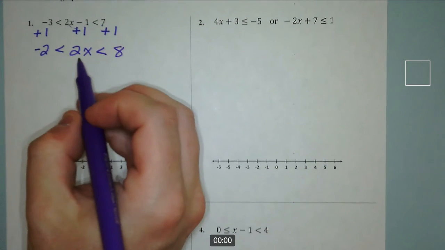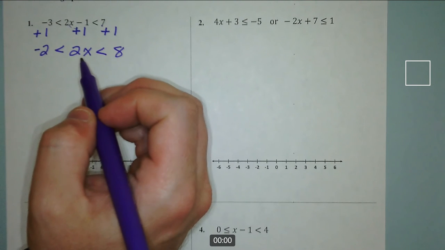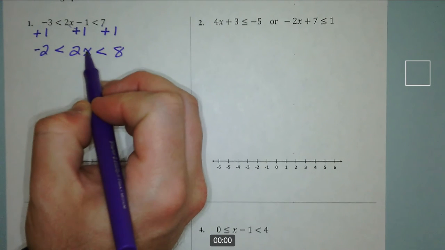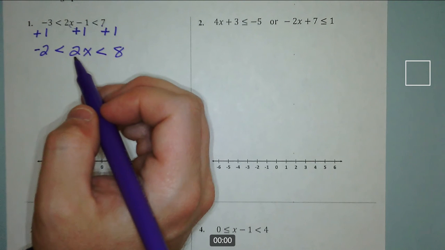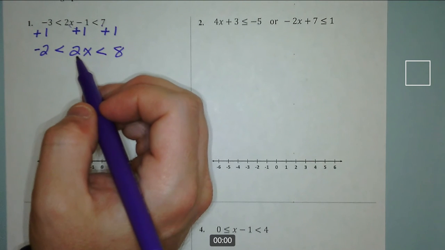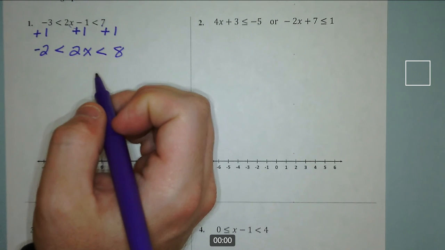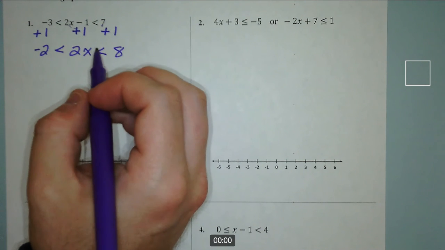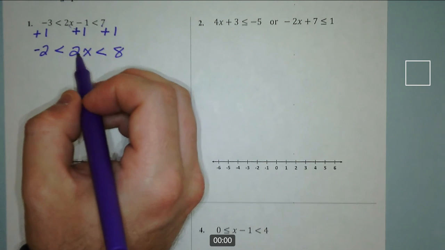Okay, Dakaya, what's the next thing we have to do to get x all by itself? This says 2 times x. So how do we get rid of this 2, Dakaya, do you know? Can you subtract? Nope. We got to do the opposite.